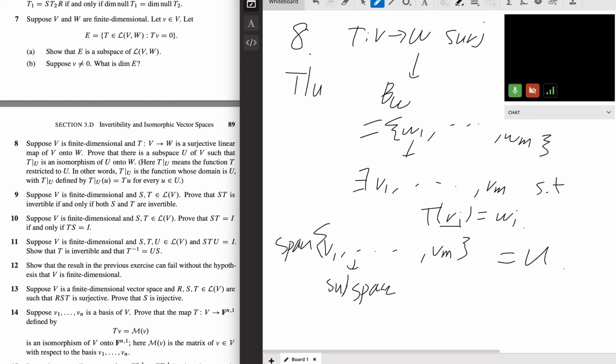Oh wait, you also have to show it's an isomorphism, I forgot. So we want to show it's an invertible linear map. You probably want to show that this indeed has dimension m. It can't have less than dimension m, because it maps onto something of dimension m, and it can't have greater than dimension m because there are only m elements in it. So it has only m elements and they are all linearly independent.